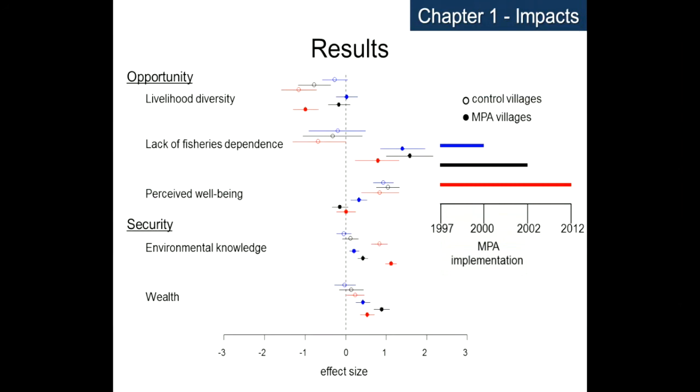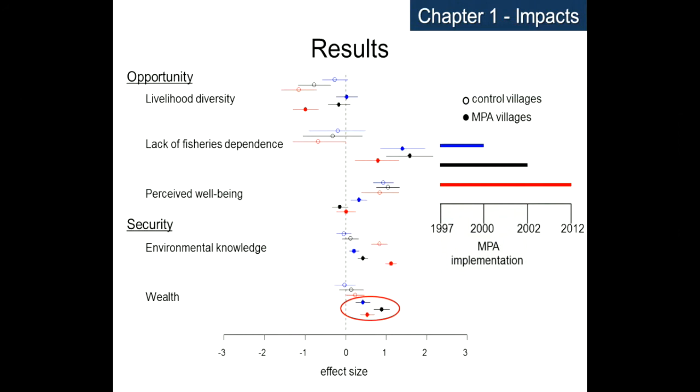And the red is longer term changes. If we just take an example, which is called wealth, we can see here that there wasn't that much change in wealth in the control villages. But if we look at the project villages, we can see that there were increases in wealth, particularly during the implementation period. So this indicates that the project had a positive effect on wealth. Now there are 2 key results I want to point out here.